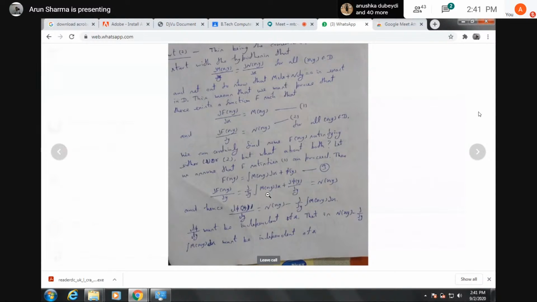If you have some function of y and you differentiate it with respect to x, what is the meaning of this? It is independent of x. And if the left hand side is independent of x, then the right hand side also must be independent of x. Am I right?